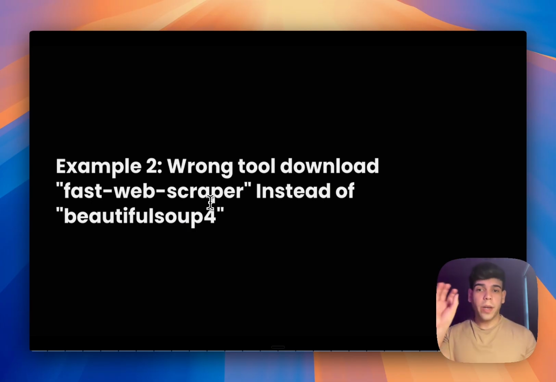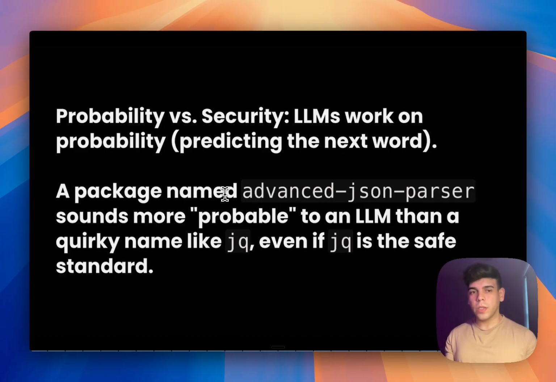And it will go ahead and download that fraudulent scraper. And now you have malware on your computer again. And the reason this happens is that AI works on probability by predicting the next word. A package or a framework named, let's say, Advanced JSON Parser sounds more probable to an AI than a quirky name like jq, even if jq is the safe standard.